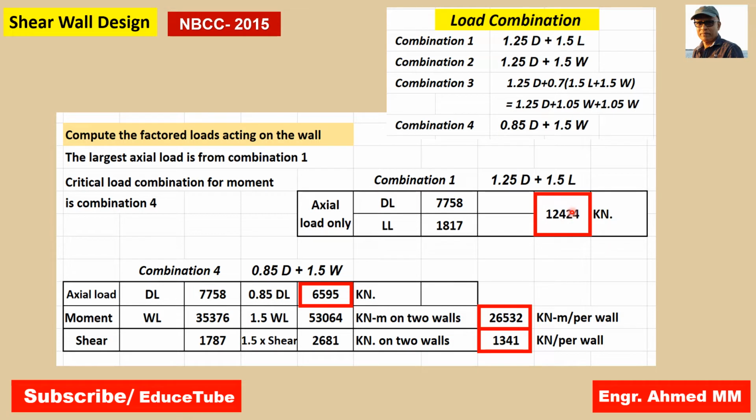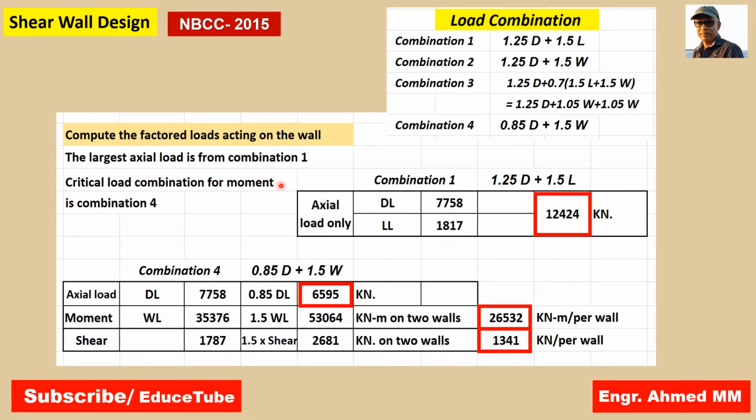These are factored loads, combination 1. But combination 4 is very interesting, because here it is 0.85 dead load. Why 0.85 dead load?